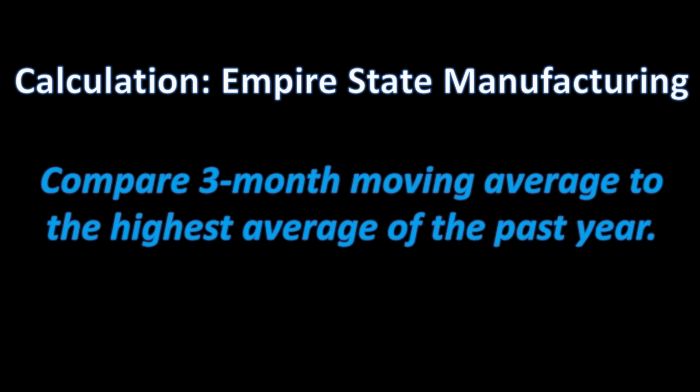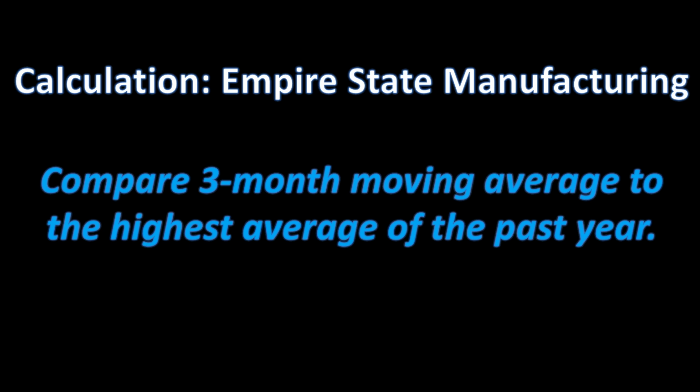So, how do we calculate this? It's the same process that's used in the original SAHM rule, only not applying it to the unemployment rate, applying it, in this case, to the Empire State Manufacturing data. We compare the current level, which is the 3-month moving average, to the highest average over the past year.